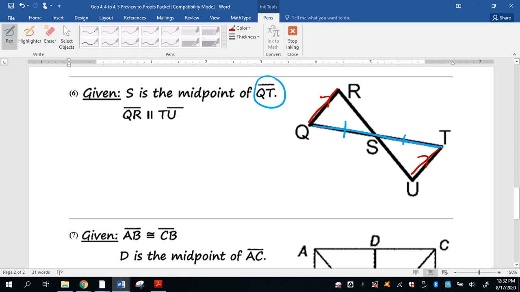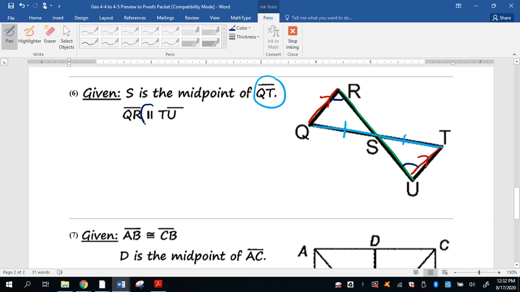And then we have transversals. We have the blue transversal and we have a green transversal. So we're going to mark up angles that are congruent to each other by alternate interior angle theorem. So red and green angle is congruent to red and green angle by the alternate interior angle theorem.